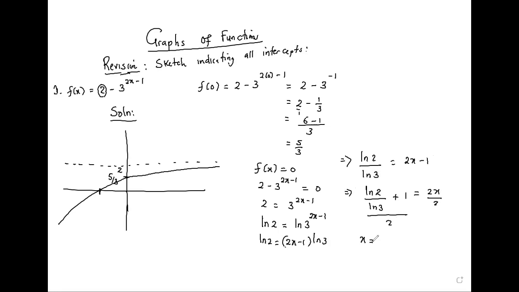So x is equal to ln 2 over ln 3 plus 1 over 2. So this one is the x intercept. So you can even leave it just like that: ln 2 over ln 3 plus 1 over 2.